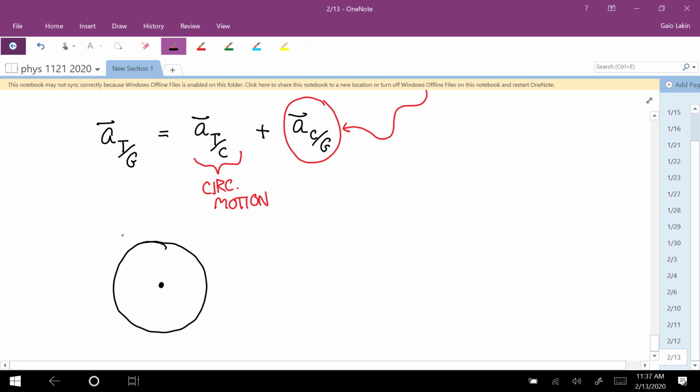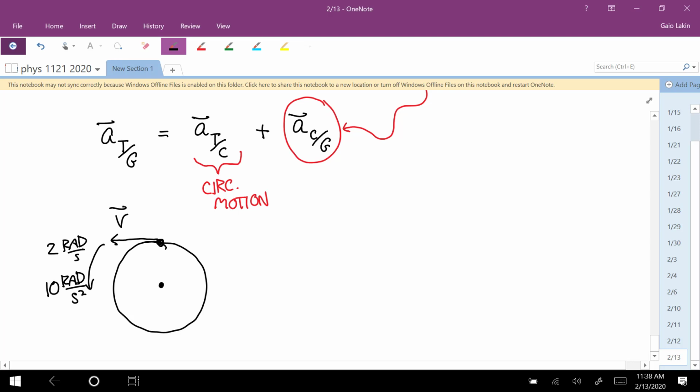So we have this thing that's moving this way at 2 radians per second and 10 radians per second squared. So we know the velocity direction is this way.